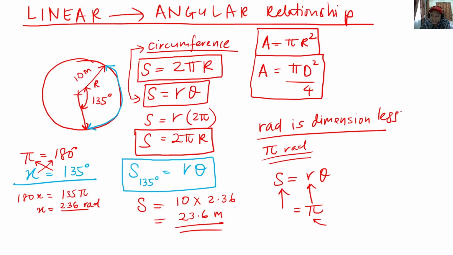So pi is dimensionless. You can multiply anything with pi, you get the same dimension. 10 meter multiplied by 2.36, you don't get 23.6 meter radian. No, you just get meter only. Okay.